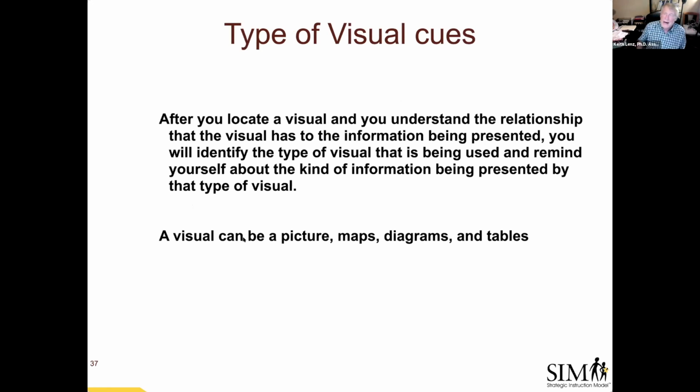The next is the type of visual. After you locate a visual and you understand the relationship that the visual has to the information being presented, you'll identify the type of visual that is being used and remind yourself about that kind of information. Now, there is a pre-lesson if kids need more in-depth knowledge about pictures, maps, diagrams, and tables.